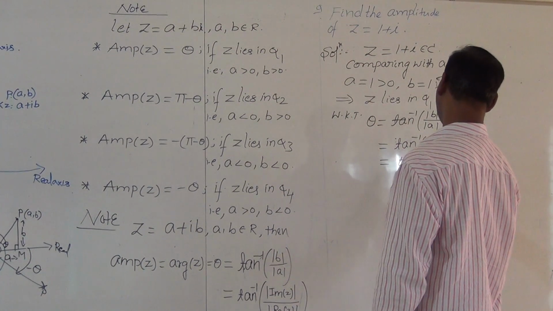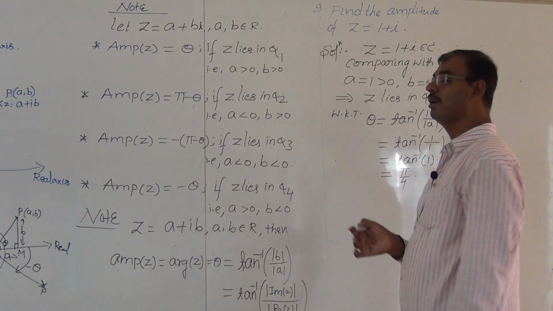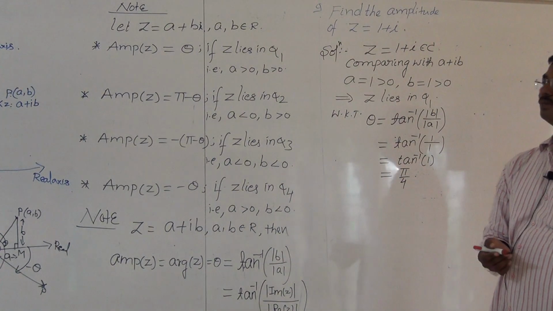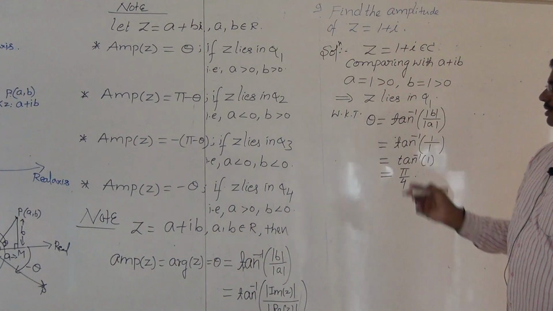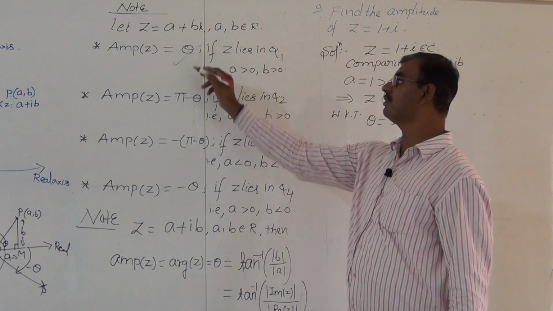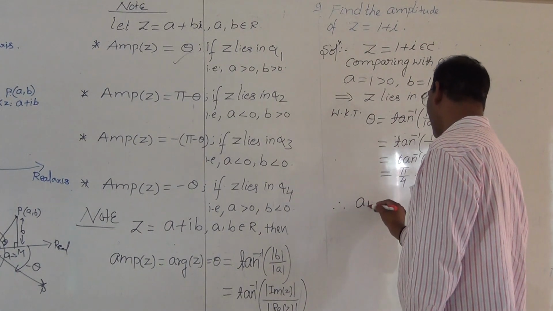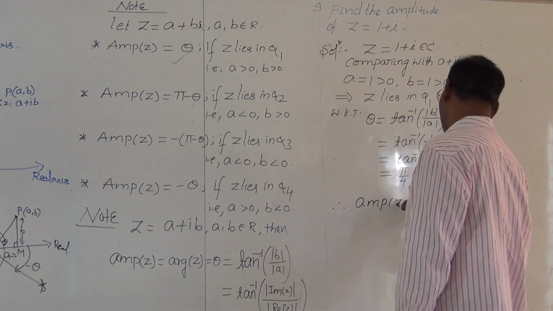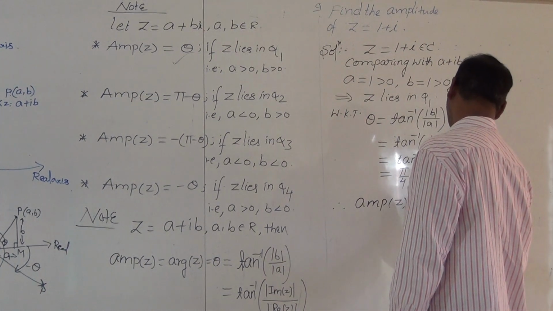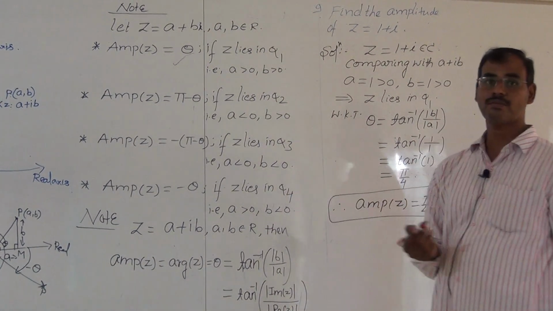Do you know this value? Yes, from inverse trigonometry, tan inverse of 1 is equal to pi by 4. If z lies in the first quadrant, what is the actual amplitude of z? The actual amplitude of z is theta. Therefore, the amplitude of z is equal to pi divided by 4. This is the answer to the question.